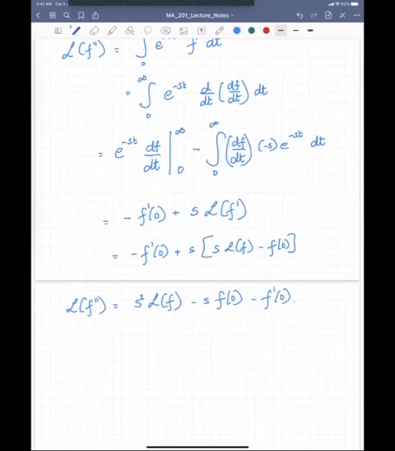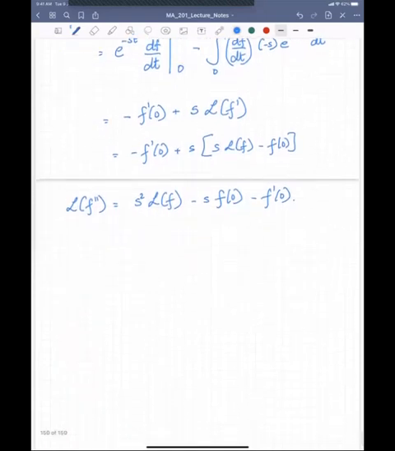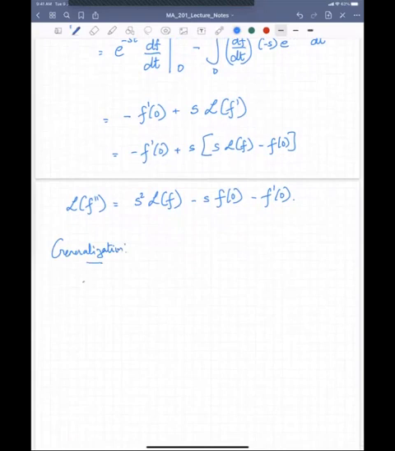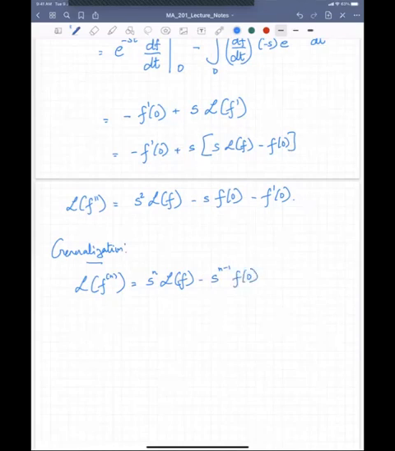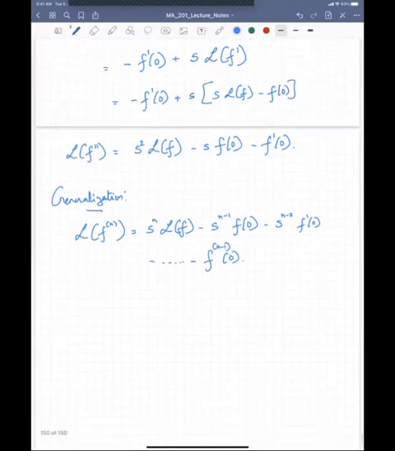Simple enough. The generalization of this would be the Laplace transform of the nth derivative is equal to s raised to the power n times the Laplace transform of the function itself, minus s to the n minus 1 times the value of the function at 0, minus s to the n minus 2 times the value of the first derivative at 0, minus and so on and so forth, minus the n minus 1th derivative evaluated at 0 with no s out front.